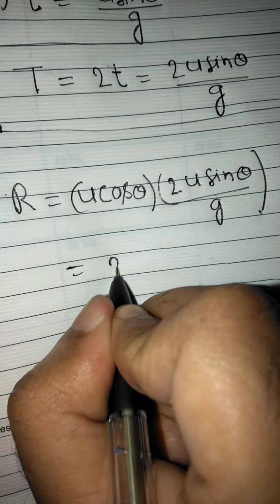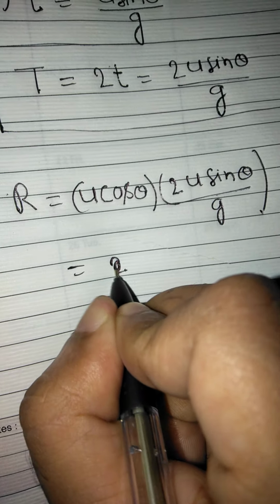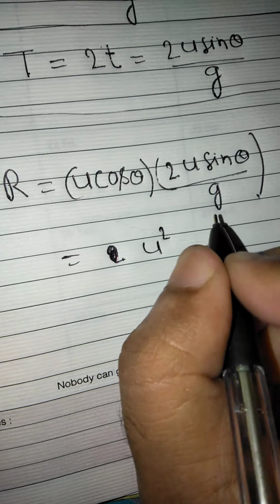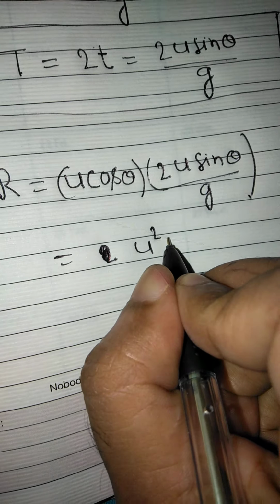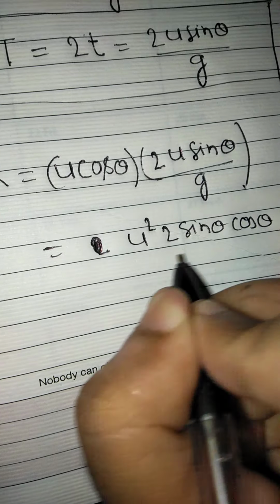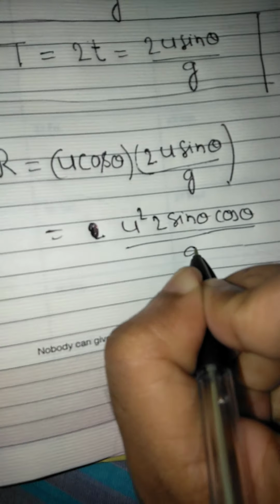which can be rewritten as u square into 2 sin theta cos theta by g.